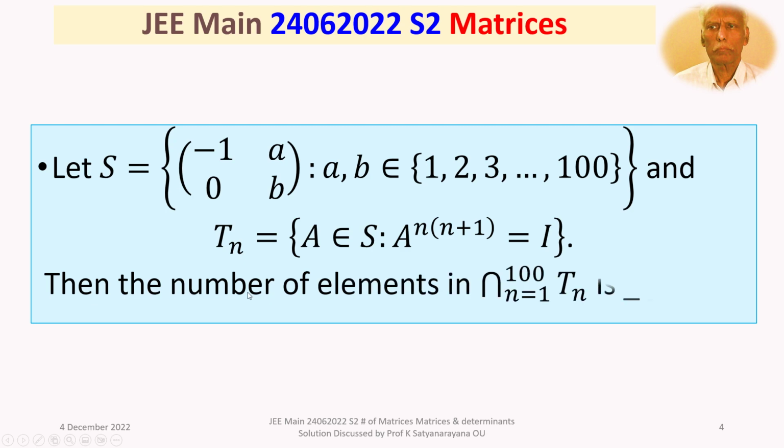Then the number of elements in the intersection of Tn, n equal to 1 to 100, is.